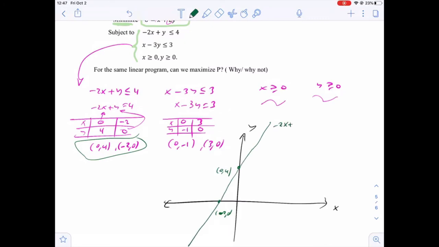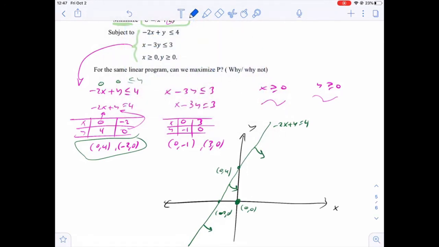So this is negative 2x plus y equals 4. And then we want to see if the solution set is to the right or below or above this line. We test 0, 0. When we plug it here, we get 0 is less than or equal to 4. That means yes, the region will include the 0, 0, I mean below that line.